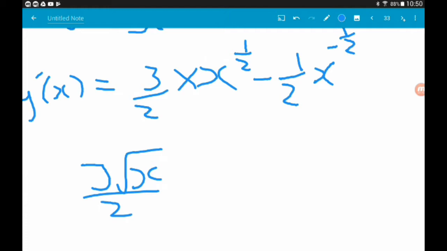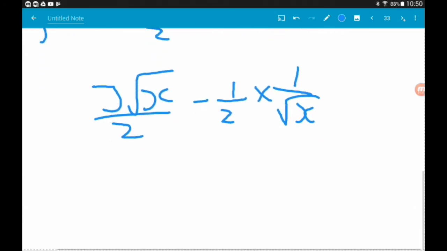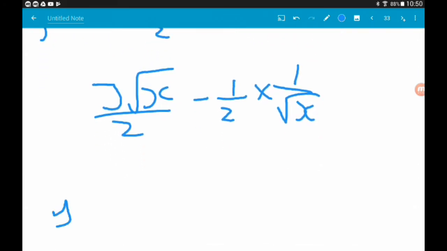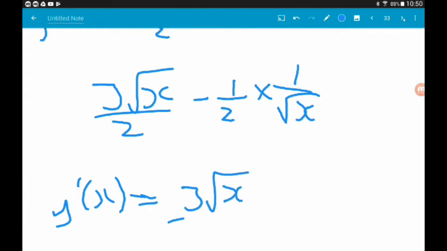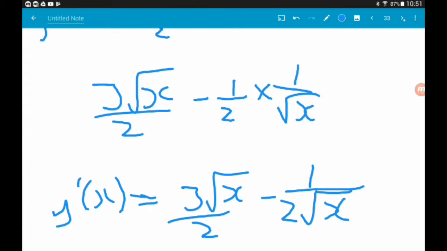And then this chap at the end, well, we've got minus 1/2 times x to the minus 1/2 means 1 over root x. So we can sort that out a bit more. So y dashed of x is 3 root x over 2 minus 1 over 2 root x. Good times.